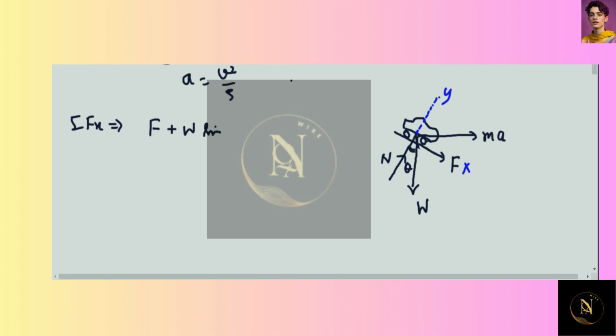W sine of theta is equal to ma cos of theta. So from here friction force we will get, acceleration is v square by rho, so F = mv square by rho cos of theta minus weight mg sine of theta. Say equation 1.